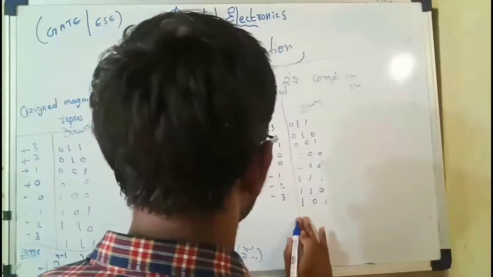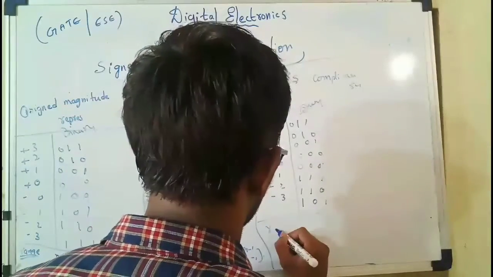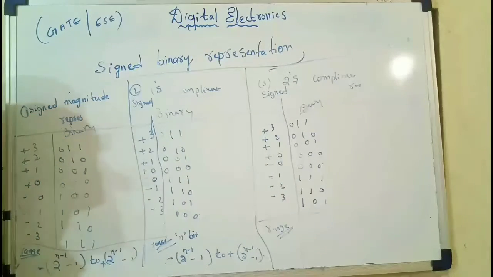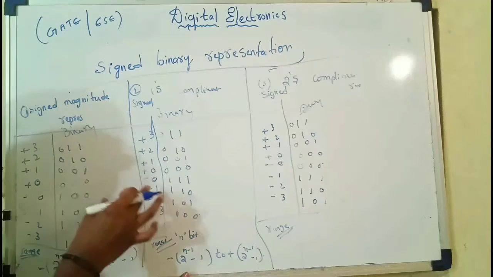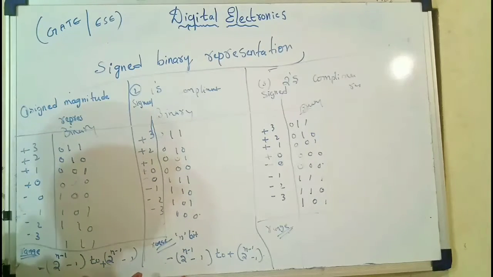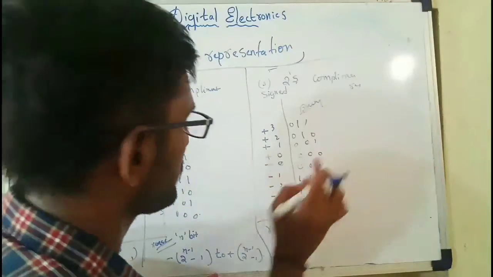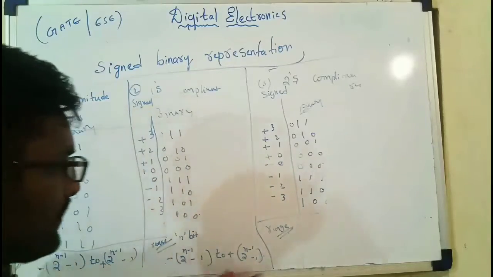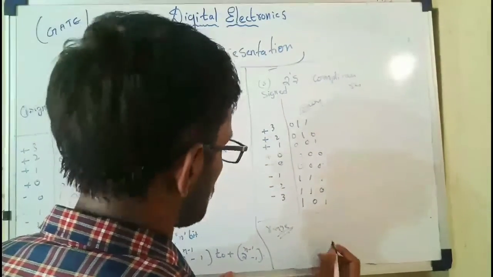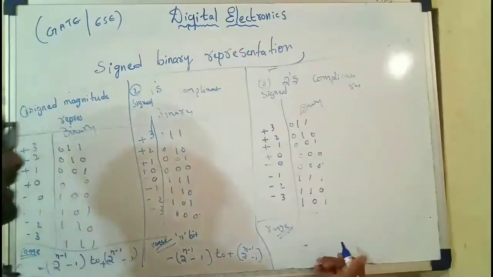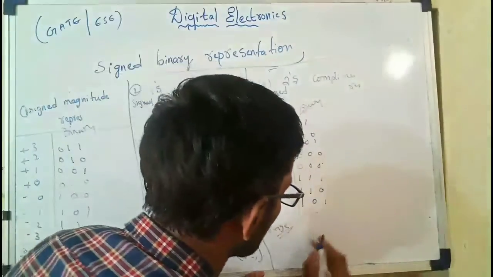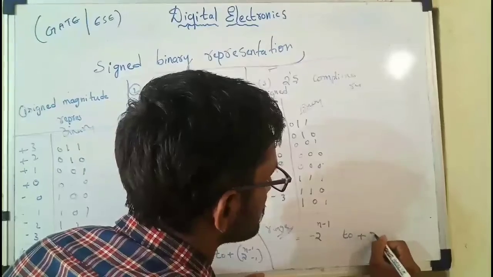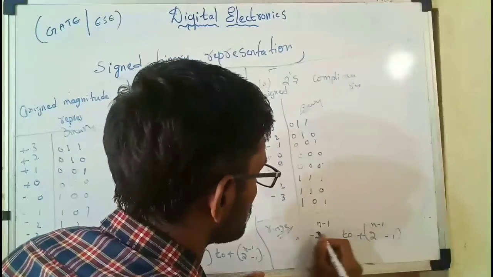In 2's complement representation, for 0 we have two values which are the same, but in the others we have two different values, so we got this range. Here plus 0 and minus 0 are the same, so we get one value less. That means the range is minus 2 power n minus 1 to plus 2 power n minus 1, minus 1.